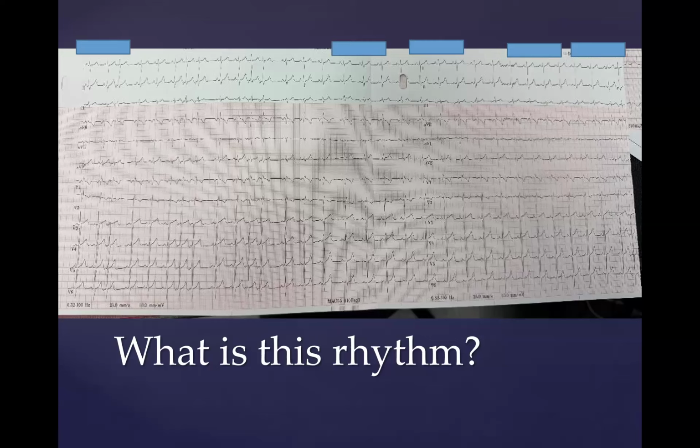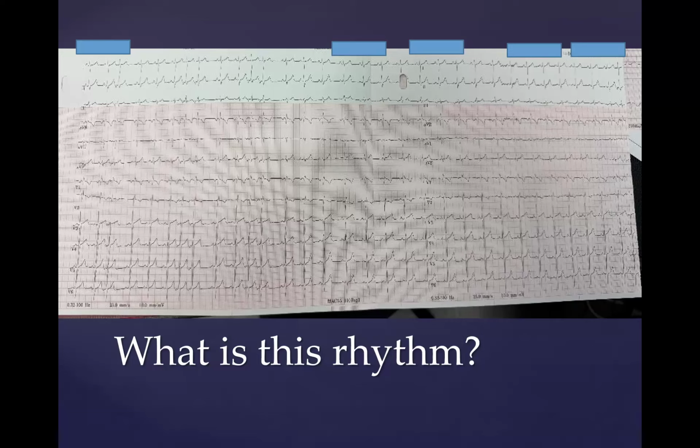I'll just pick V6 to look at the rhythm strip. At first beat, second beat, the third beat looks like a premature atrial contraction. And then it looks regular.